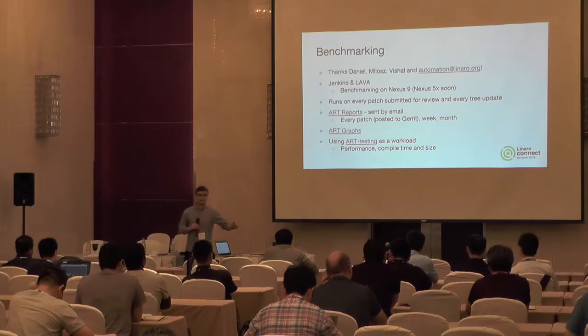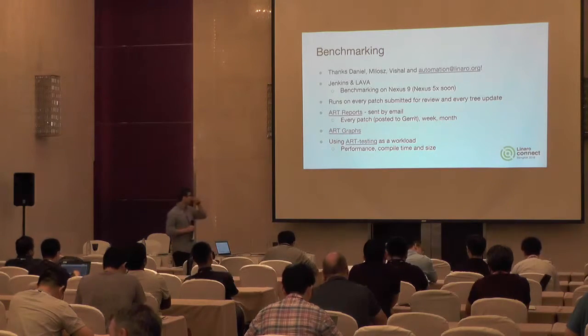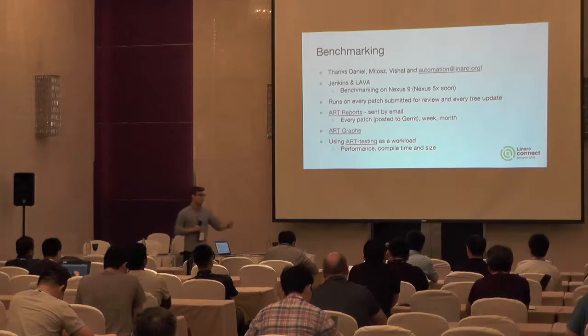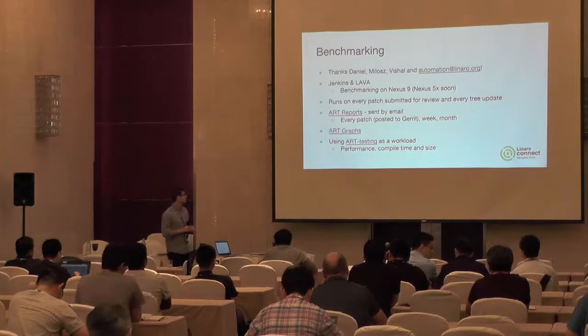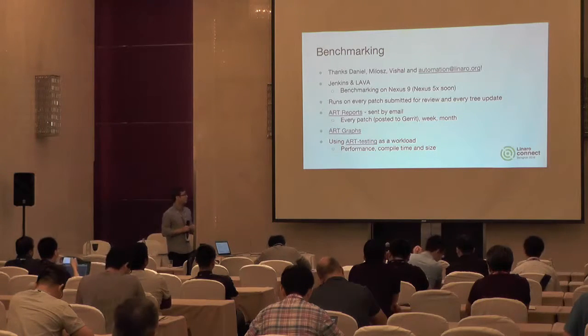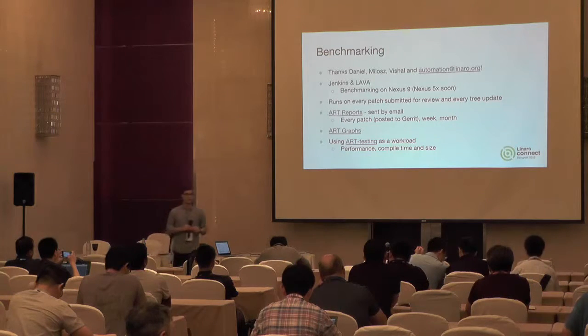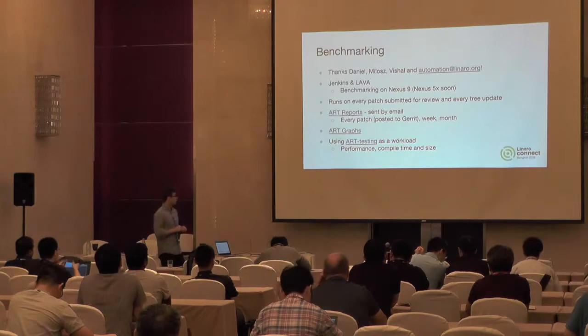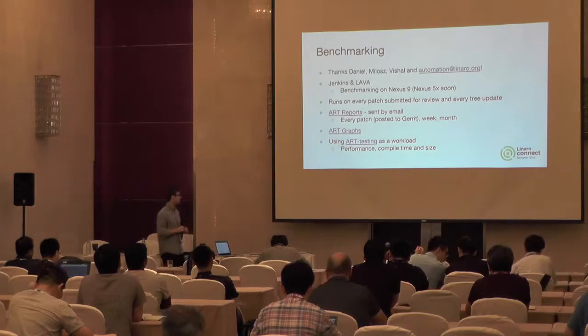For every patch that gets pushed to Gerrit, we trigger a Jenkins job. And the Jenkins job would do some building, would pass on the build to Lava, and would run the benchmarks on the Nexus 5, and soon on the Nexus 5X as well. We do this on every patch that gets pushed for review, but also on every tree update.